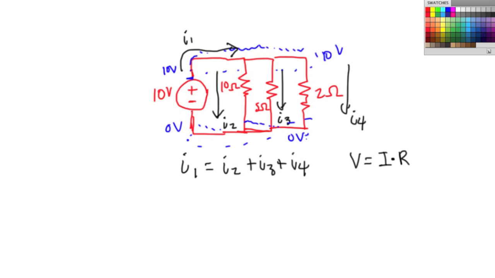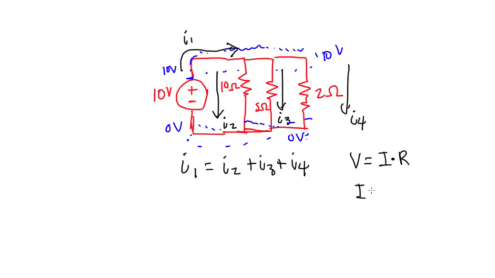So let me just go back to black. I know that with the resistor setup, the current across the resistor is equal to the voltage divided by the resistance. So I1 is equal to I2, which is 10 volts divided by 10 ohms, plus I3, which has 5 ohms and is at 10 volts, so 10 volts divided by 5 ohms.